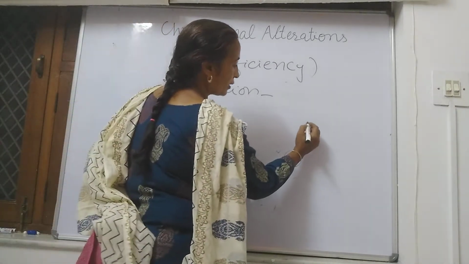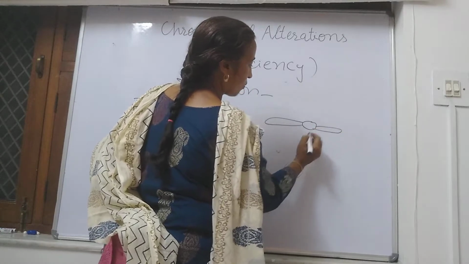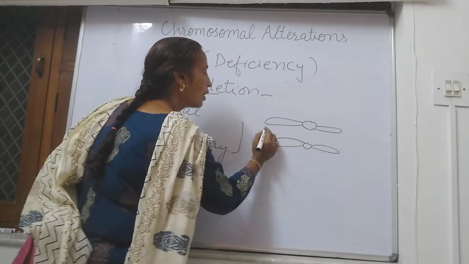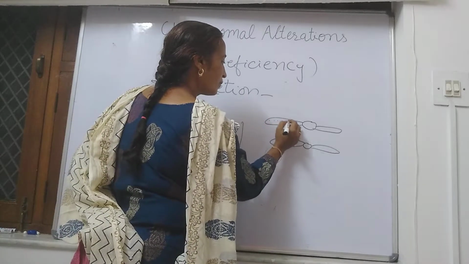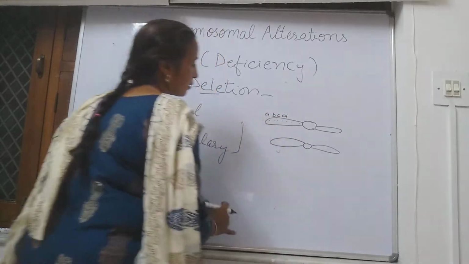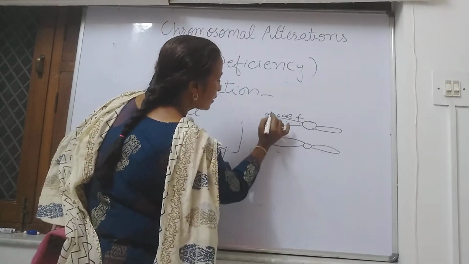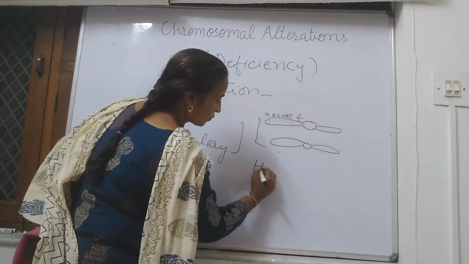In terminal deletion, in the chromosome, there are genes A, B, C, D, E, F. This is a pair of homologous chromosomes.